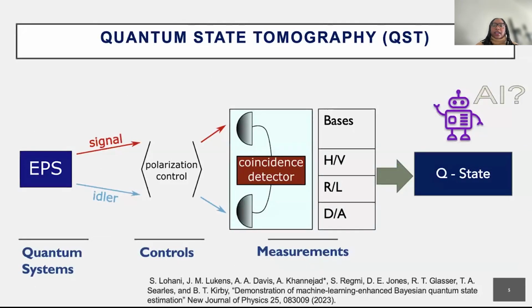So when characterizing the source, we use quantum state tomography to determine the quantum state of polarization of the entangled photon source. Quantum state tomography is the process of characterizing a state in a quantum system through a series of measurements to determine the density matrix of the system.